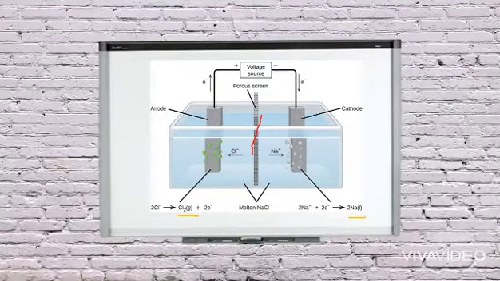As a result, the anode will be positive and the cathode will have a negative charge, due to the fact that the chloride ion is losing electrons while the sodium ions are gaining electrons, creating this negative and positive charge.